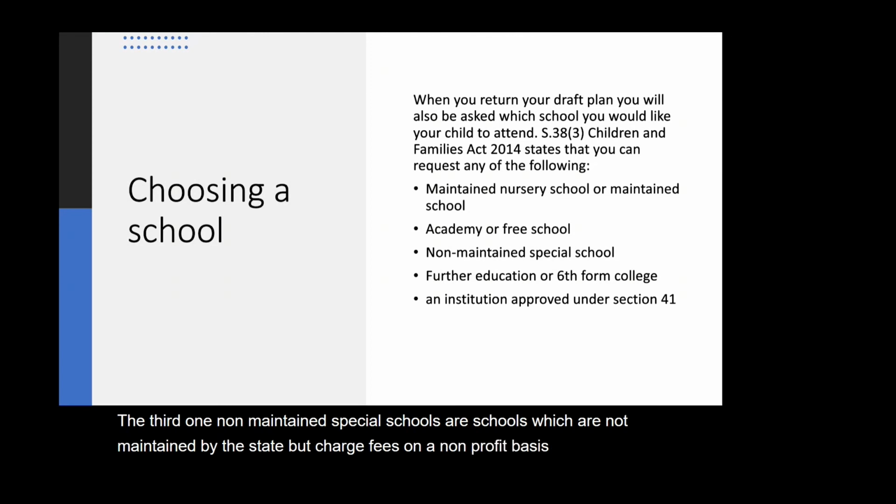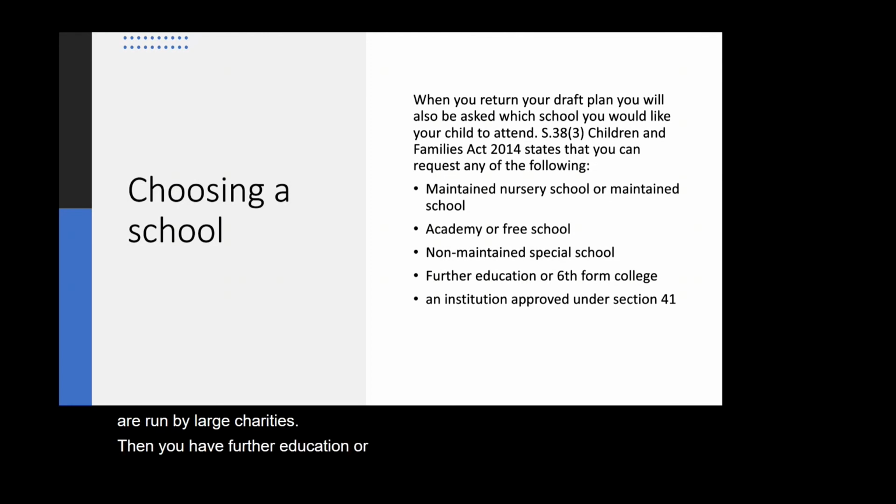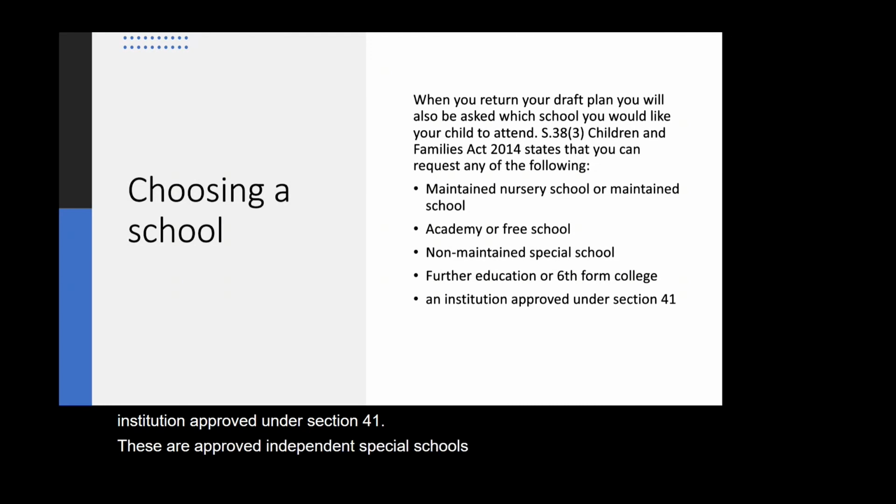Often these are run by large charities. Then you have further education or sixth form college, and lastly an institution approved under Section 41. These are approved independent special schools and post-16 institutions.